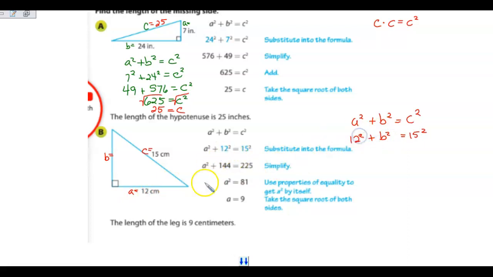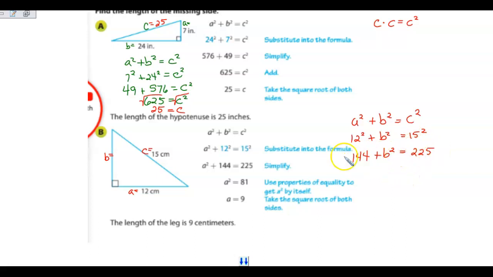It looks like they use different letters for theirs, and that's okay. This just goes to prove it doesn't matter which one you use for A or B. Okay, 12 squared is 144. Bring down my b squared, and then equals 15 squared, 15 times 15 is 225.